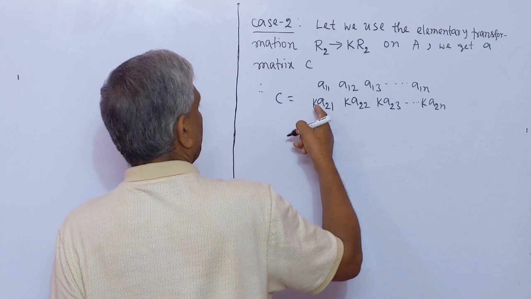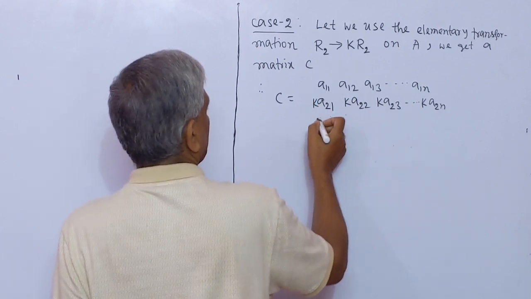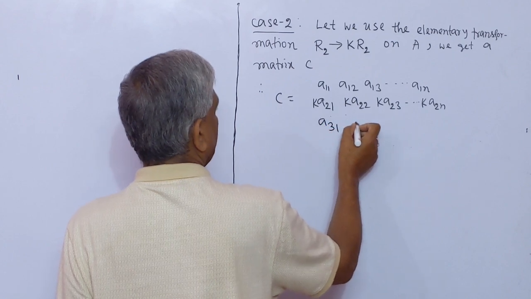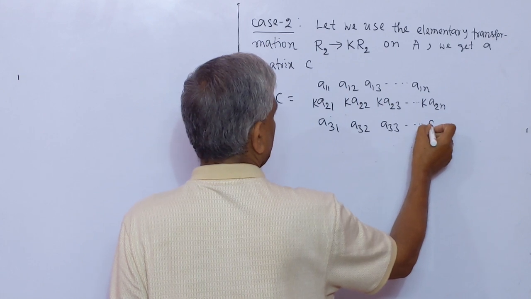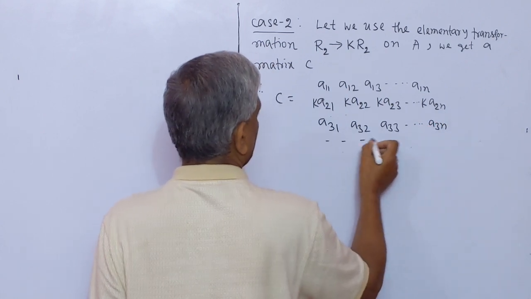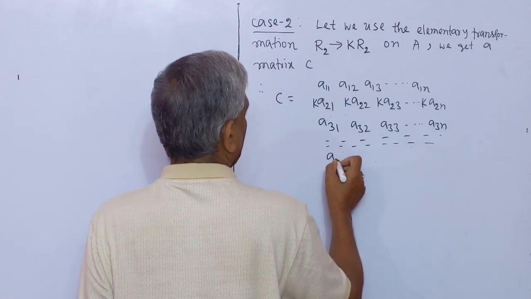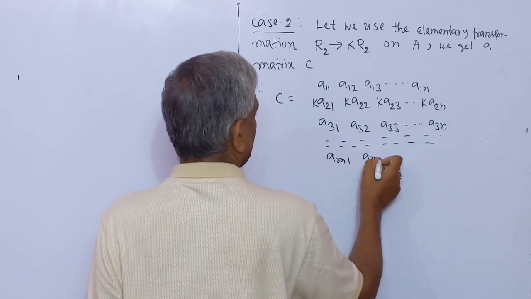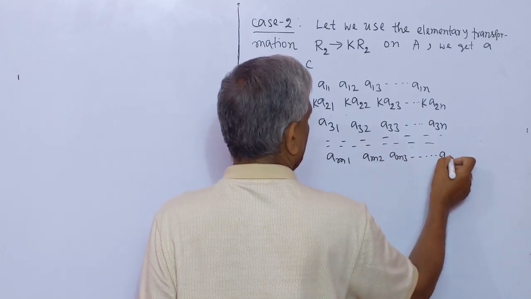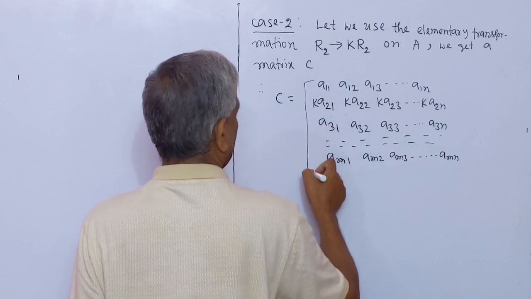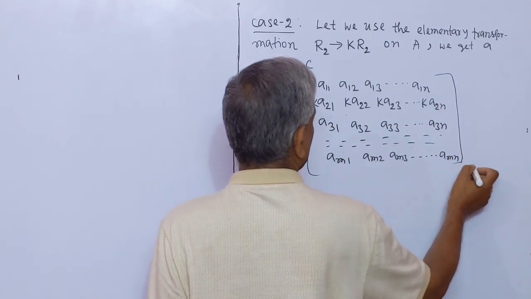We multiply the second row by K. Third row remains the same, A31, A32, A33, A3n, AM1, AM2, AM3, AMn. Let this be number 2.